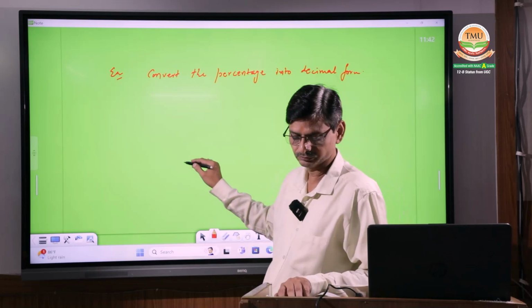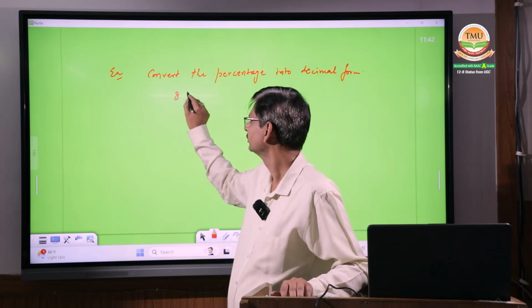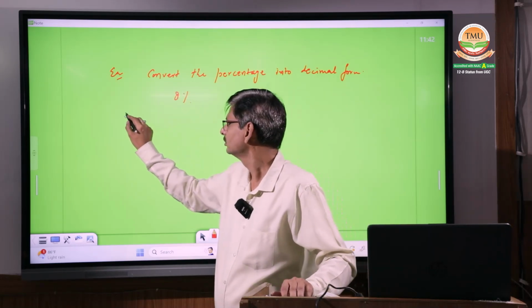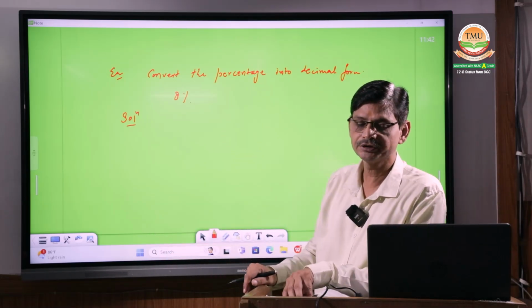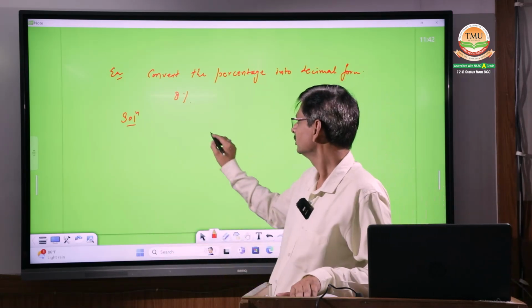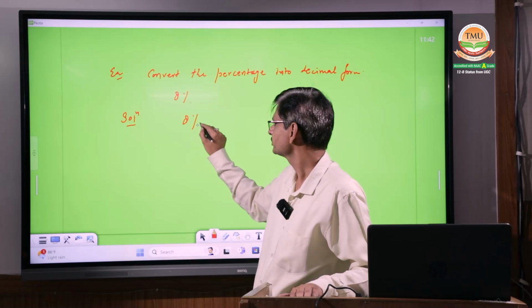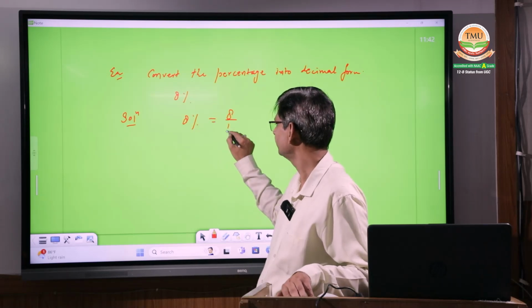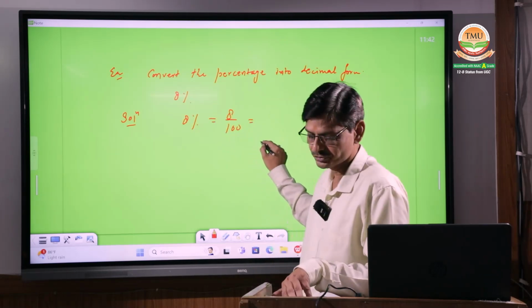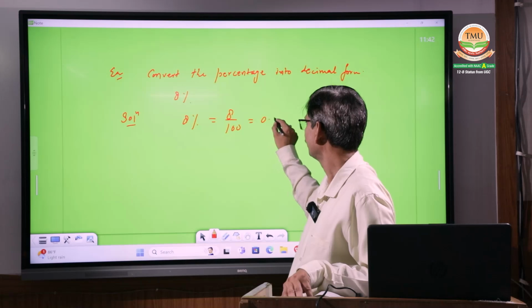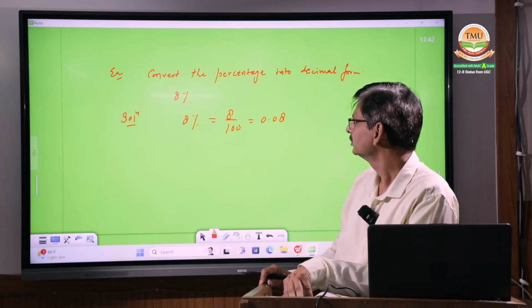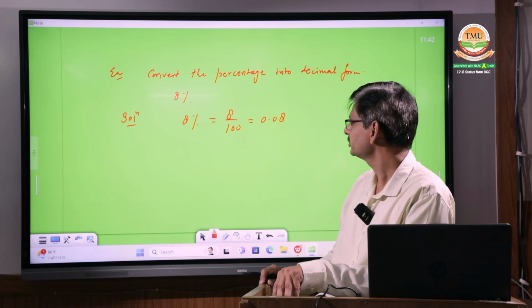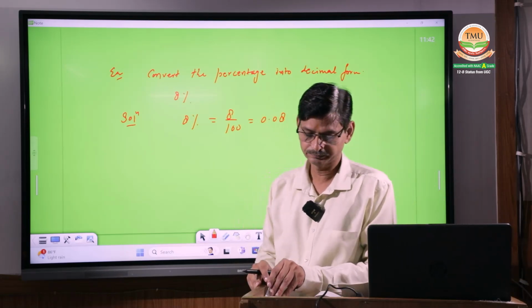Suppose 8%. The solution, we can convert 8% in decimal form. Now the 8% means 8 upon 100, which will be 0.08. This is the conversion of percentage into decimal.